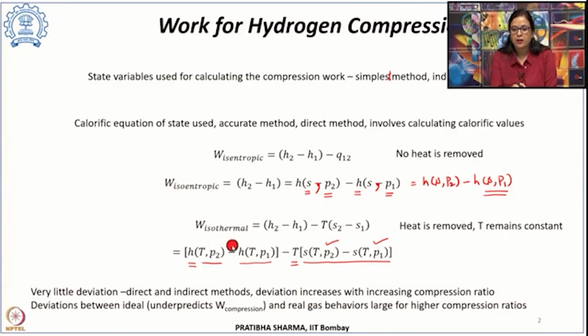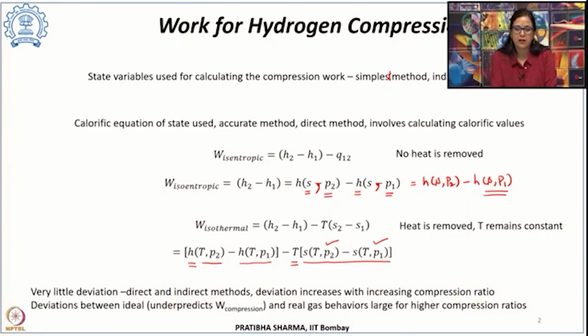Now if we calculate this for real gases, it is found that there is very little deviation whether we use the indirect method, using the state variable or equation of state, or the direct method using the calorific equation of state. But this deviation is found to increase with increasing compression ratio.